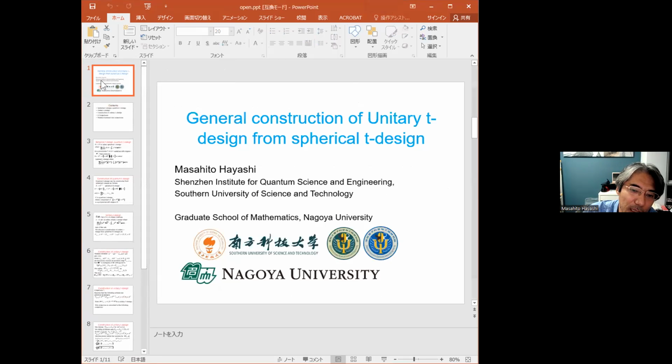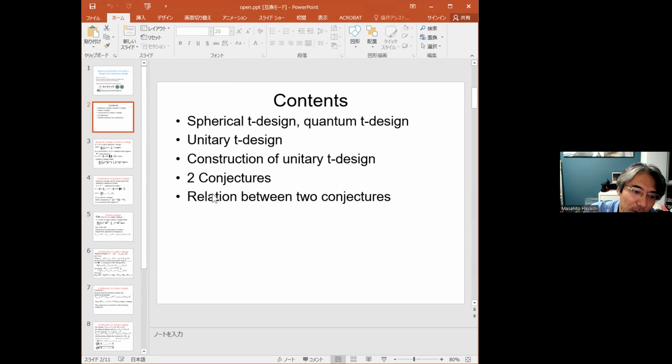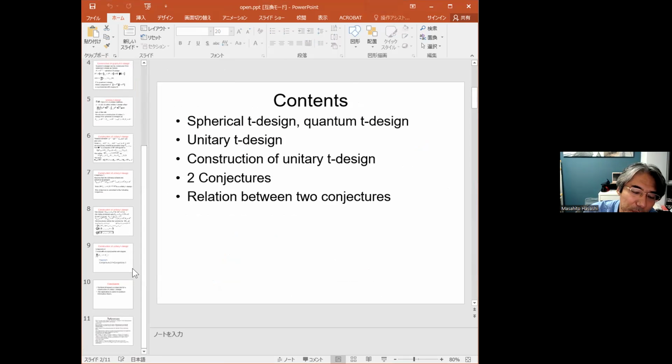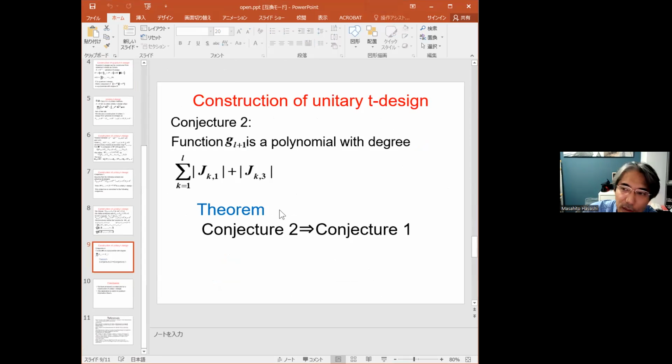I did not explain the proof in the talk, but I also wrote down the proof for this theorem.